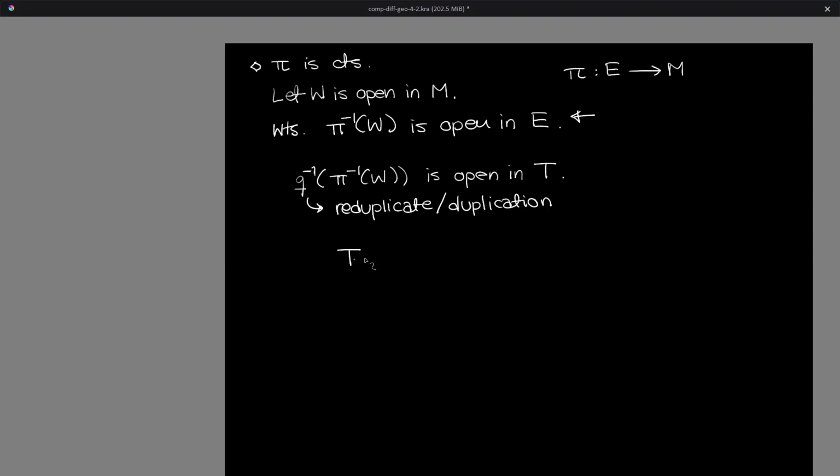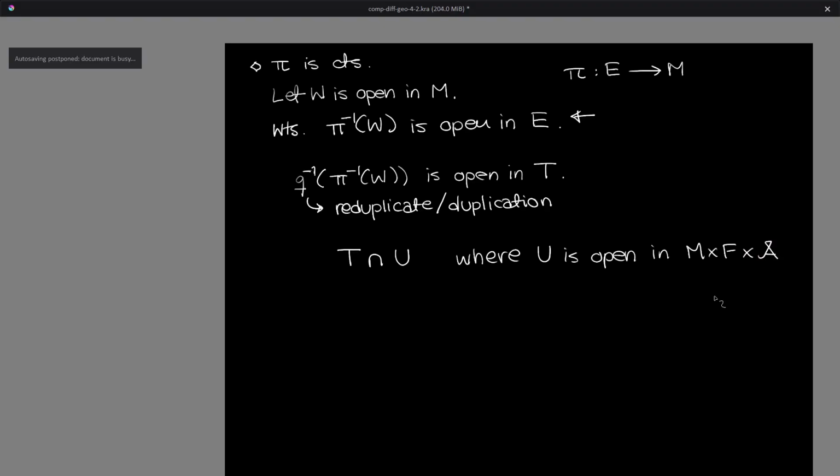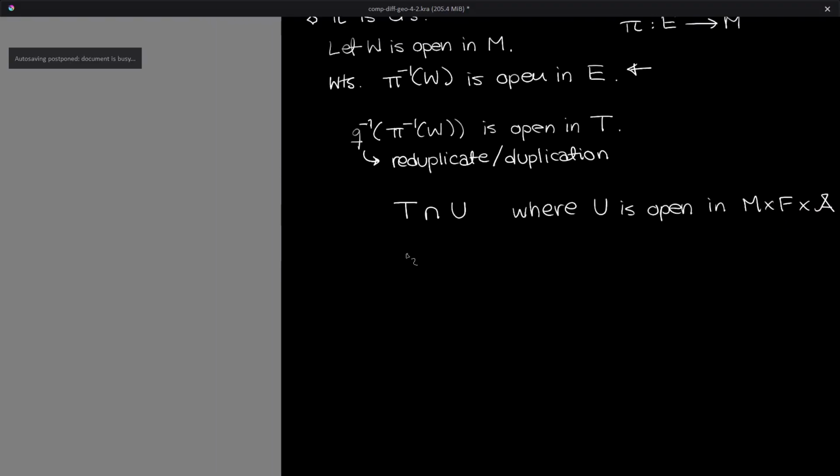We need to show that it's T intersection U, where U is open in M cross F cross A, right? So let's see. Consider this set, T intersection W cross F cross A.